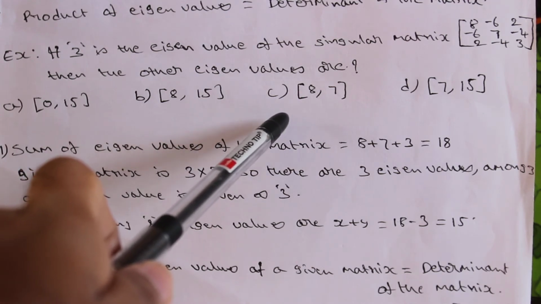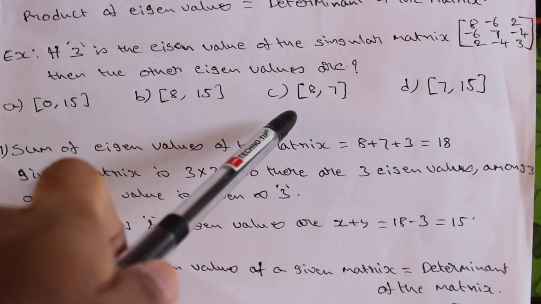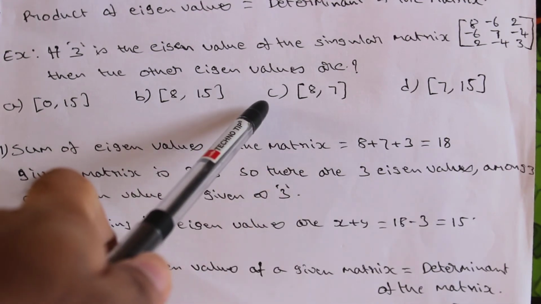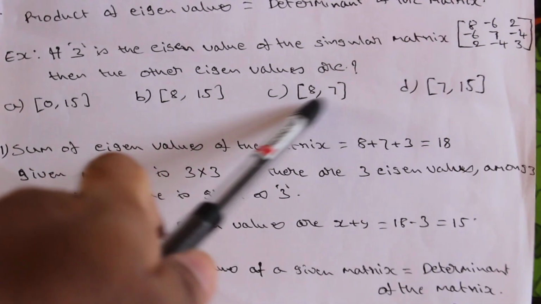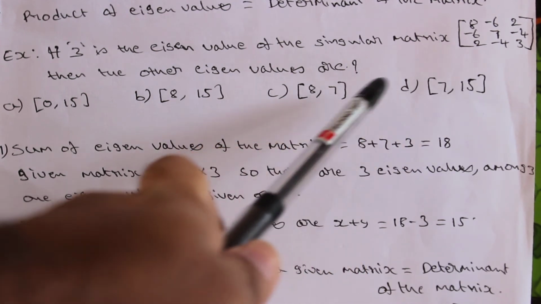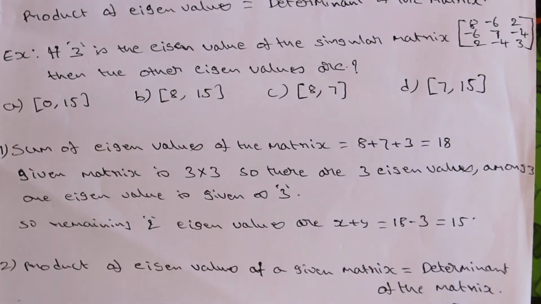Option C: 8 plus 7 is 15, so there is a chance for this option also. Option D: 7 plus 15 is 22, so the sum is not 15. So two options, B and D, are eliminated, and the possible answer is A or C.